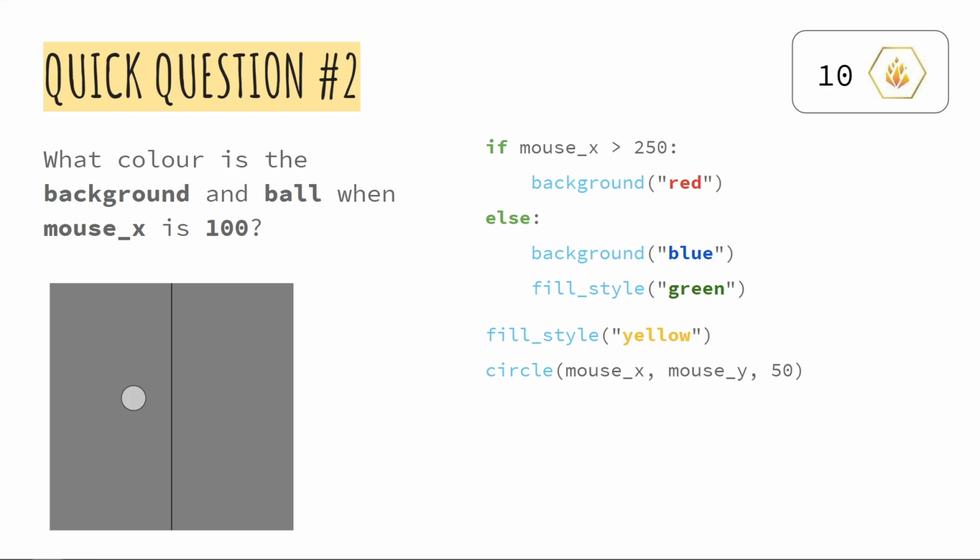Quick question 2. What color is the background and ball when mouse X is 100? And over on the right, you can again see the code that we are using here.